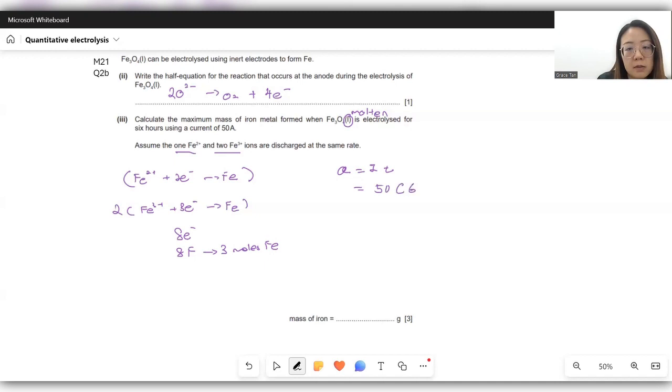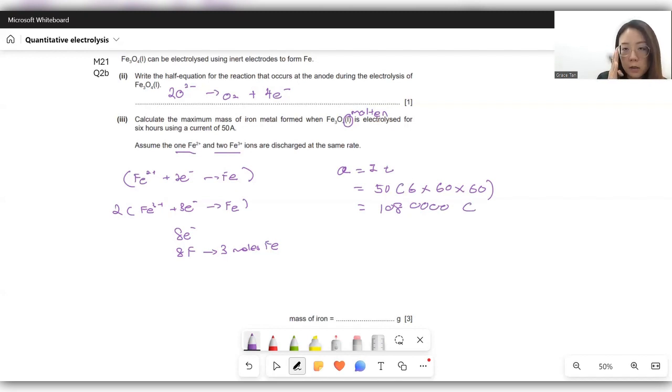Time is 6 hours, converted to minutes, then to seconds. Sorry, not 30, 60. So 6 hours times 60 minutes times 60 seconds. Your quantity of charge passed is 108,000 coulomb, the total charge passed throughout your experiment.